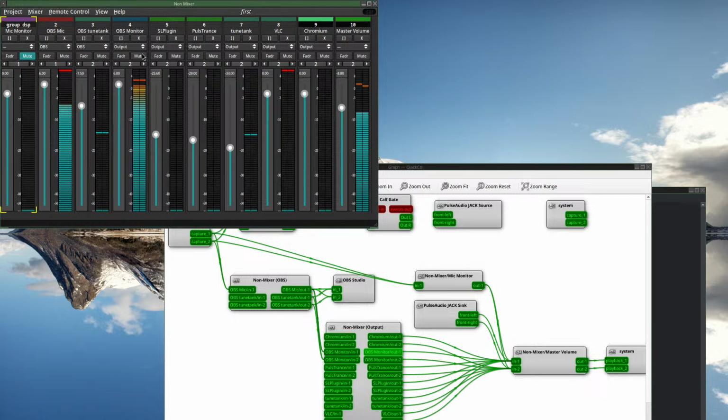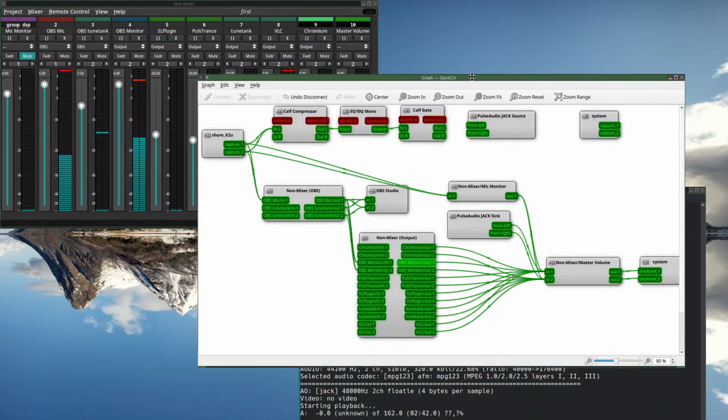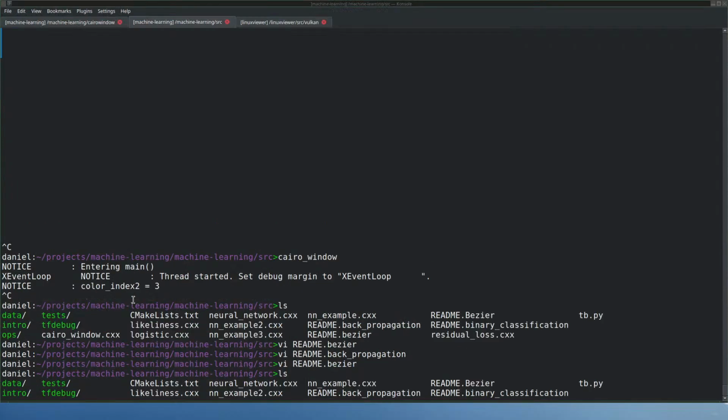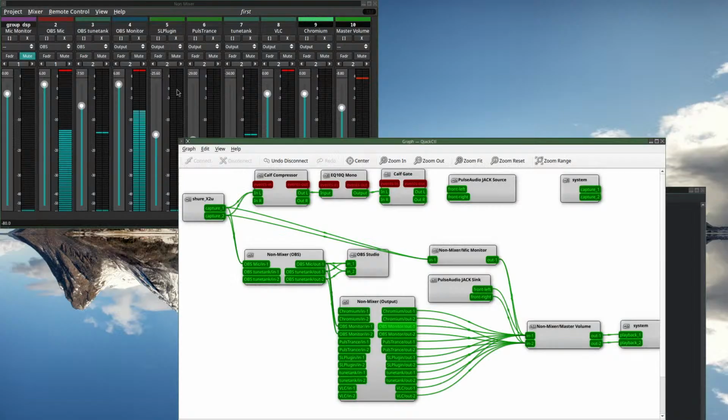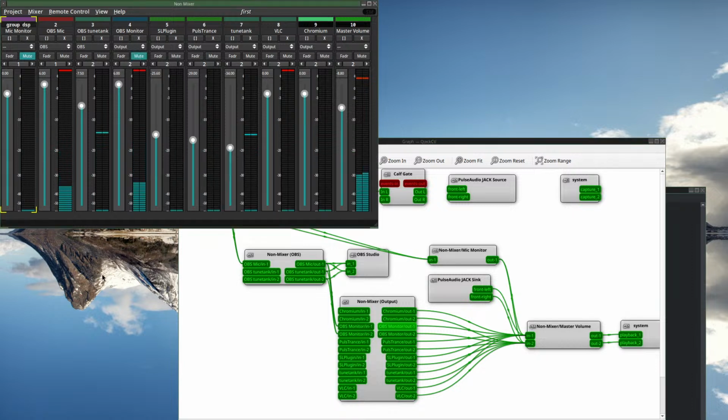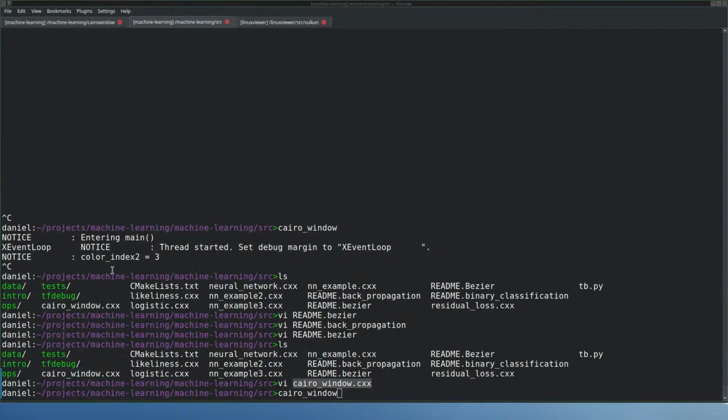Testing. That's better, I guess. Oh wait, it's better to turn this off. Everything is fine now.